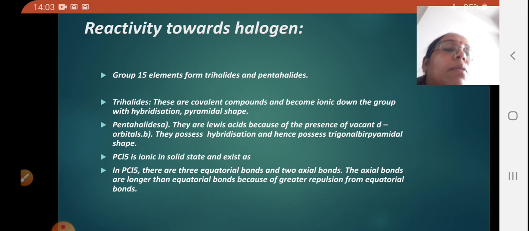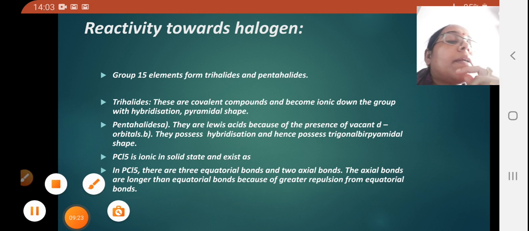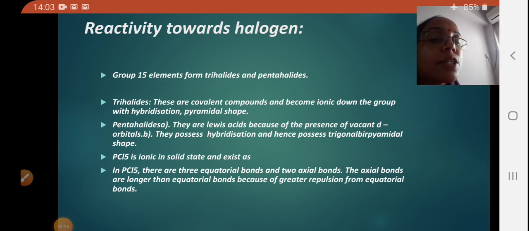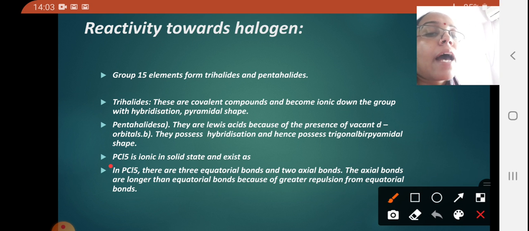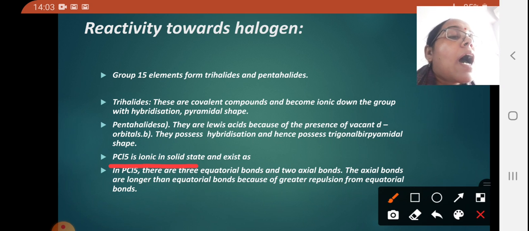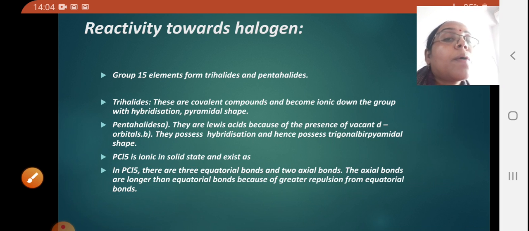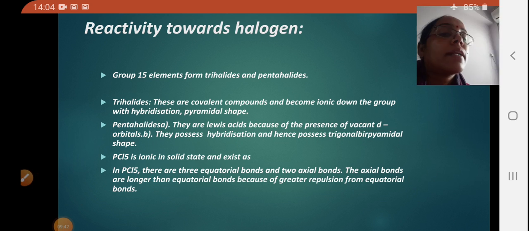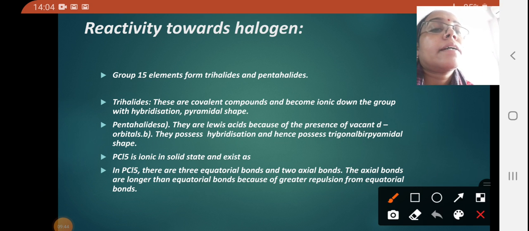In PCl5, 3 equatorial bonds are present and 2 axial bonds are present. And this PCl5 is ionic in solid state. So the group 15 elements form 2 types of halides, one is trihalide and one is pentahalide.